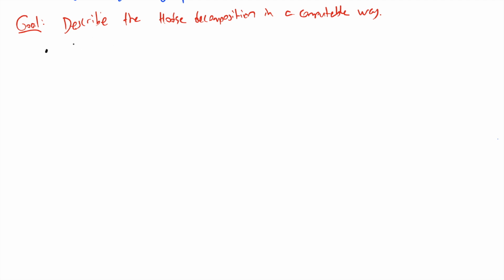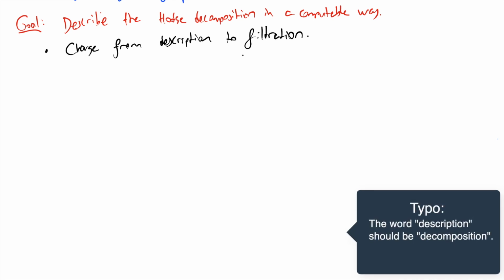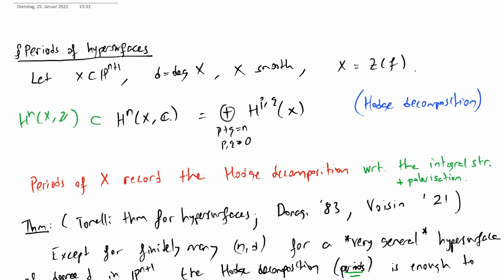Anyway, so we need two simplifications to continue. One of them is we need to change our description from this decomposition to filtration. This is just a notational change in principle, but a more natural construction is the filtration. And after this, I need to introduce the primitive cohomology, which is just the usual cohomology. So it's this cohomology again, especially when n is odd, then the primitive cohomology is the usual cohomology.